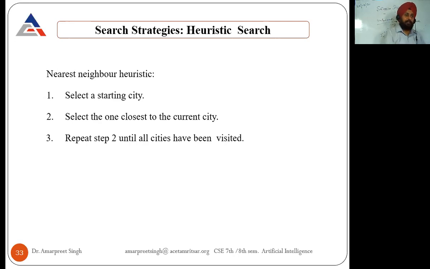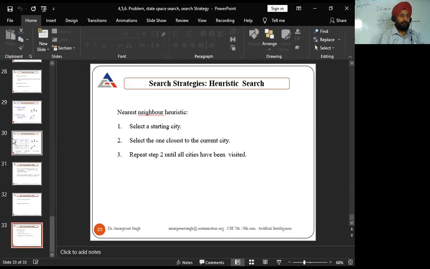From there, he again looks at all the neighboring cities and again searches for the closest one. So this heuristic is applied on distance. He chooses the city with the least distance from the current city first, and repeats this until all the cities have been visited. So here the heuristic is the distance, the closeness among all the neighbor cities from the current city. This is a simple example of heuristic search.